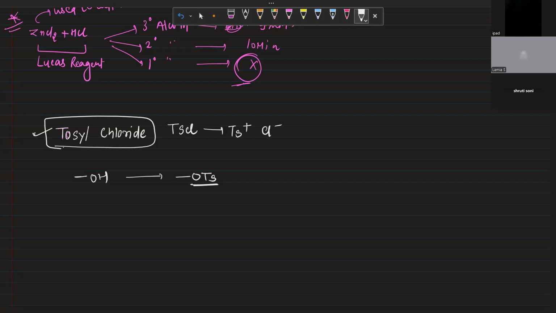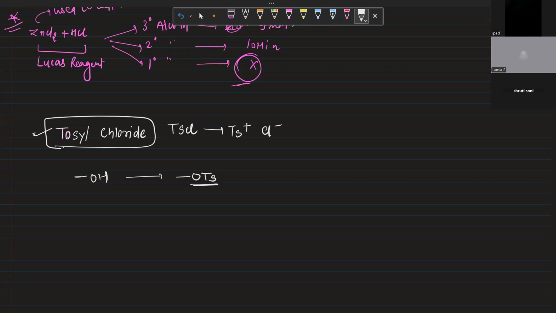Okay. If there is PBr3 instead of HBr, then it would be SN2. Yeah, that will be SN2 if PBr3 is there.